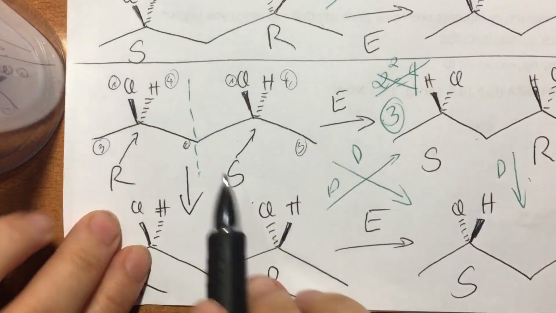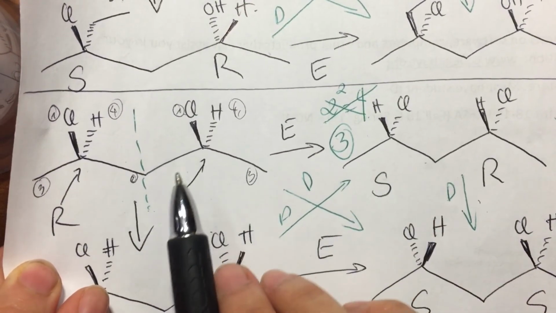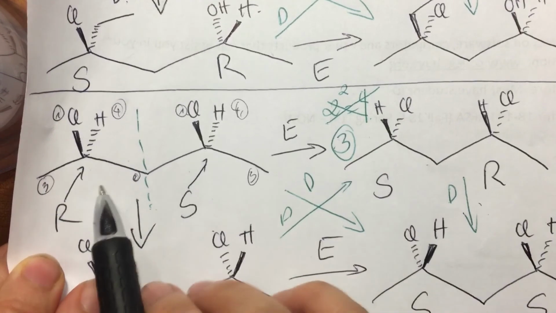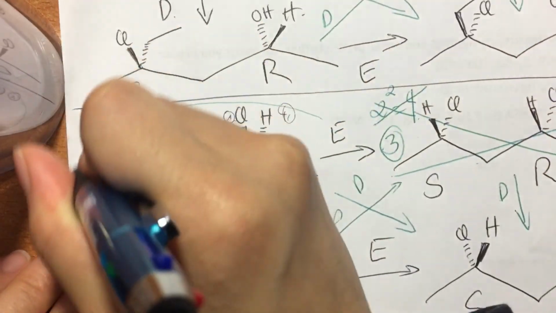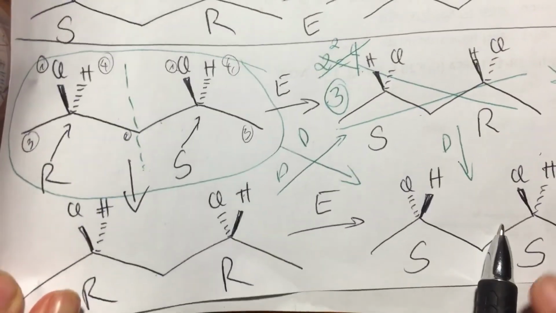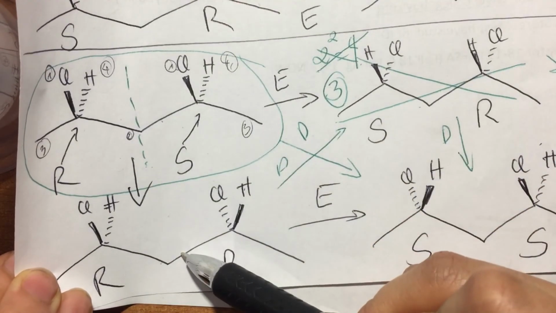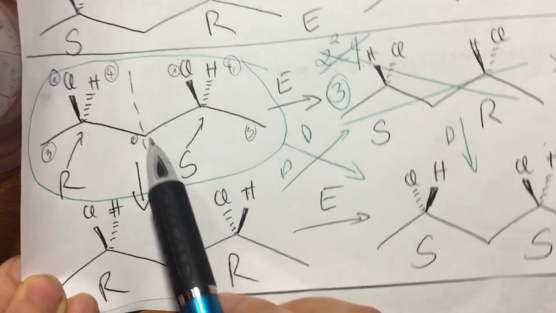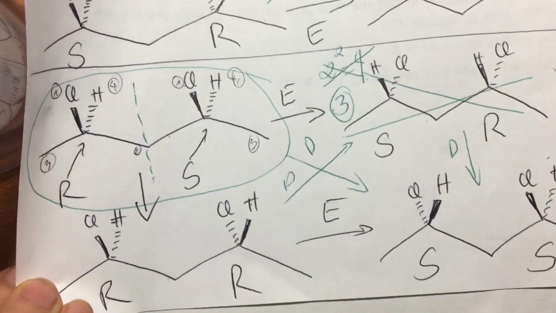If this is a meso compound, this and this are not enantiomers, they are the same. A meso compound does not have enantiomers, so they are the same. So we only count this as one compound. So actually in here we only have 1, 2, and 3. So these are enantiomers, these are diastereomers. We only have 3 compounds. And this does not have an enantiomer because this is a meso compound.